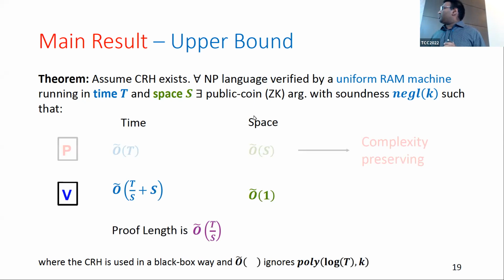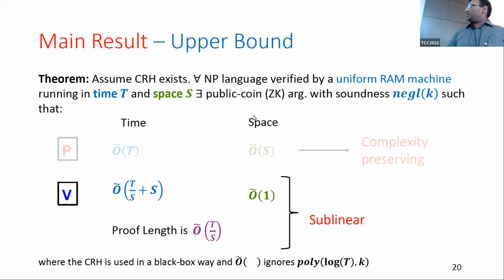And the verifier's complexity and proof size are sublinear. If you set the space s to be the square root of the running time, you can get the time and proof to be square root, which is sublinear. In all these complexities, we ignore polylog t kappa factors.